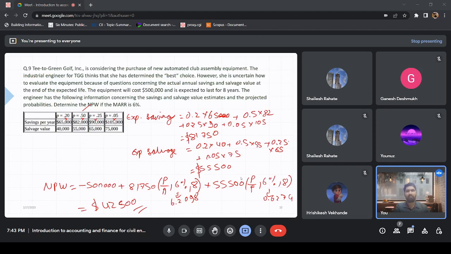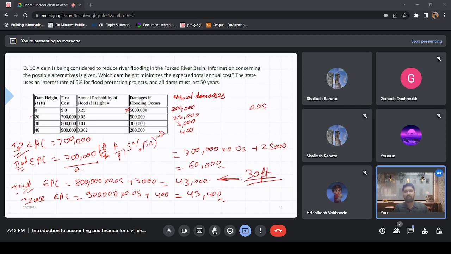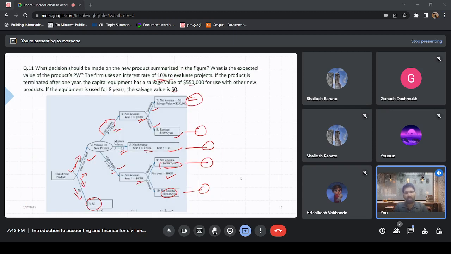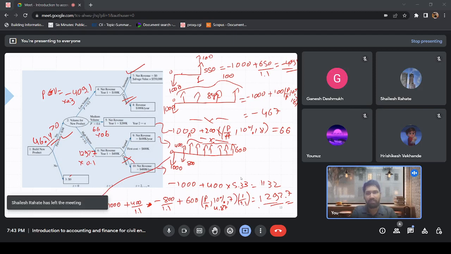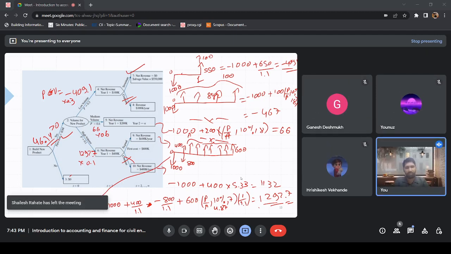Then we saw a similar question, and we calculated the net present value, in this case expected savings and expected salvage, and put it into the simple NPW formula. Similarly, we talked about the dam alternative: how to read the decision tree, how to make it, how to calculate the values, how to eliminate options and find the best.